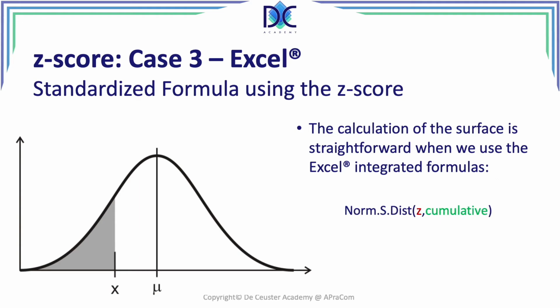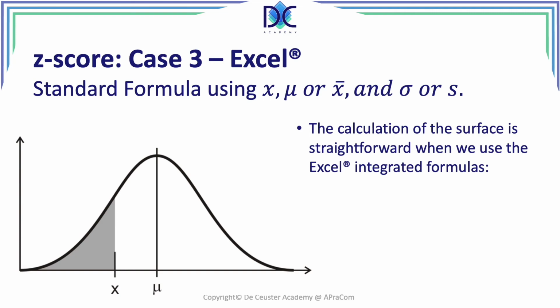We have NORM.S.DIST, z and cumulative. For z, we take the z value with the sign, minus 1.42, and for cumulative, because we want to know the surface, the percentage, we have to put there true. So basically, when we have the formula NORM.S.DIST with parameters minus 1.42 and true, we find that the surface is equal to 7.78%.